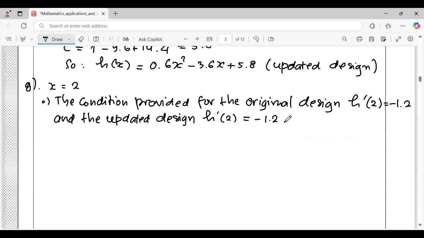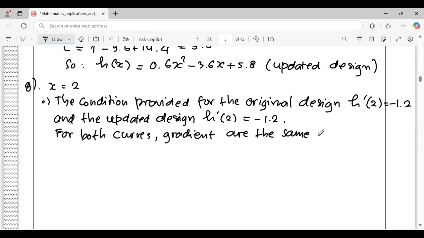So, based on this information, for both curves, the gradients are the same. So both the original design and updated design have the same gradient.